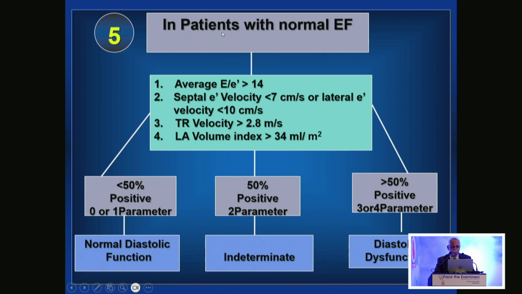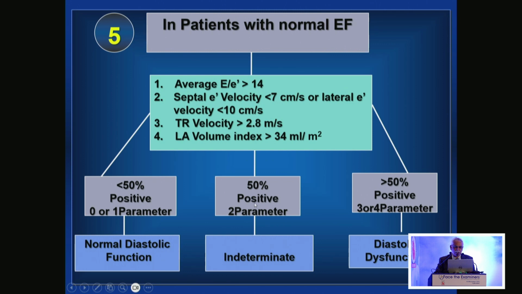So in patients with normal ejection fraction, if out of these 4 parameters only one is positive, then the diastolic function is normal. If 3 or 4 are positive, then there is type 2, grade 2 diastolic dysfunction.